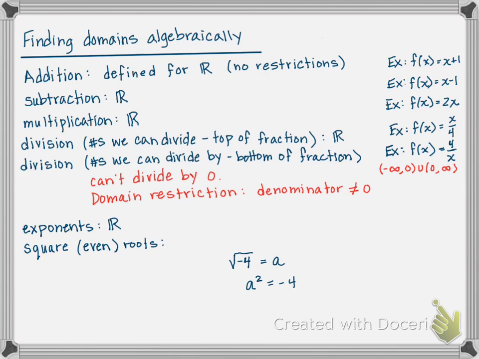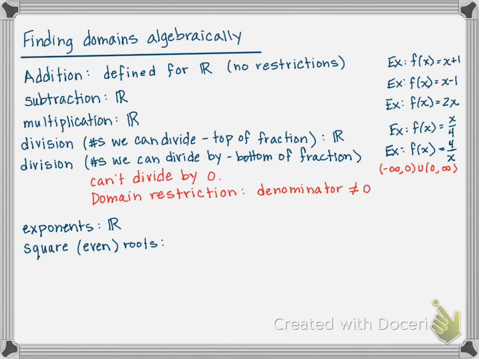Oh, so it turns even? Yeah, you get a positive, right? If you do a negative times a negative. And if you square a positive, you get a positive. So that can never happen. There's not any number that I can multiply by itself to get a negative number. So I can't take the square root of a negative number.